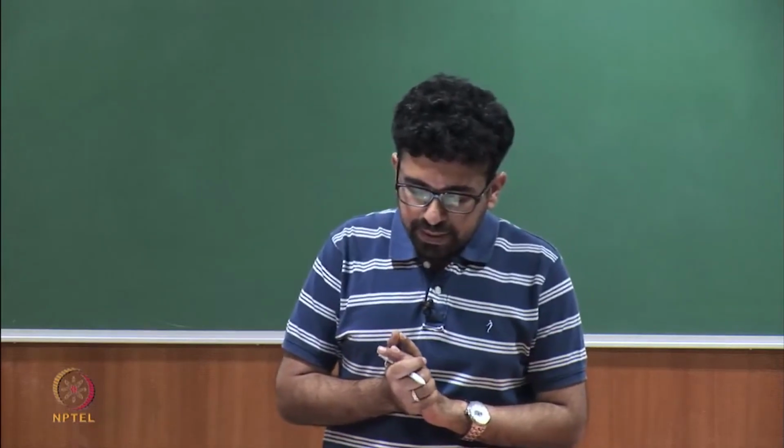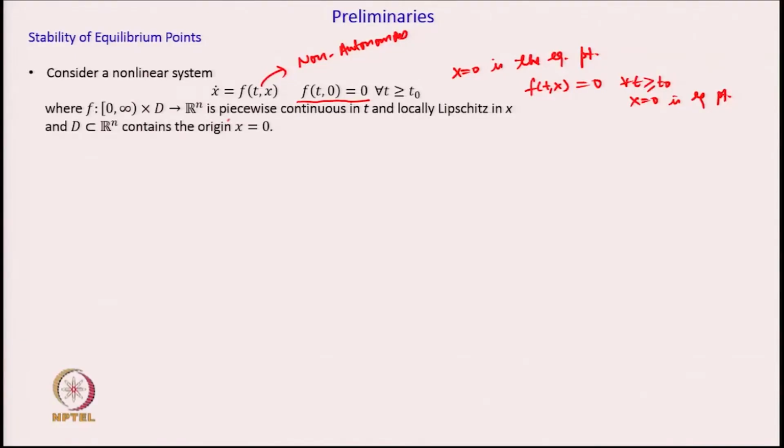So, this function f is piecewise continuous in t and locally Lipschitz in x. Both these properties suggest that the solutions exist and are unique. So, existence and uniqueness of solutions is guaranteed if the function f is piecewise continuous in t and locally Lipschitz in x, and this domain D on which x is defined contains the origin x equal to 0. All right.